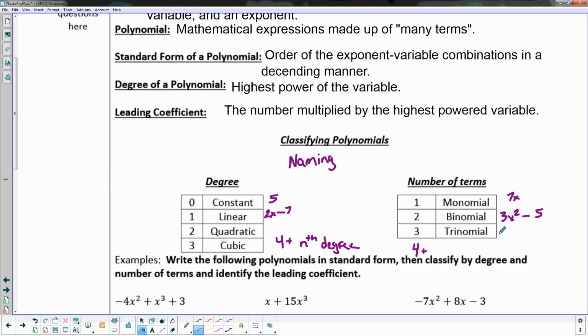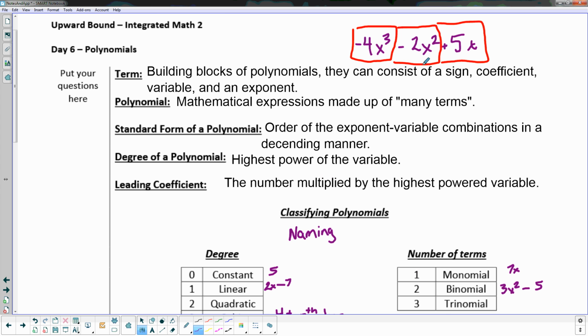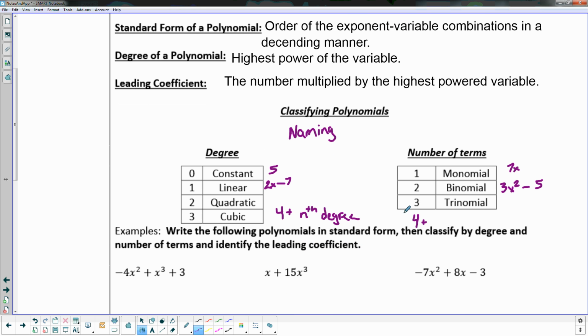And then a trinomial would have 3 terms, so kind of like our example up here, has 3 blocks. So there's 3 terms, and it would be a trinomial. And then if we run into something with 4 or more terms, we would just say it's a whatever degree polynomial with n terms.